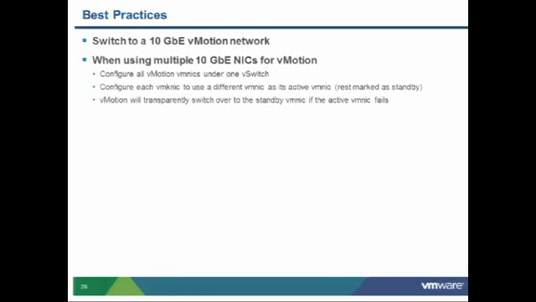And if you plan to use multiple NICs, we suggest you place all these multiple NICs under the same vSwitch. And for each of the vMotion VMkernel NICs, use a different vmnic as the active vmnic, and you can mark the rest of the vmnics as standby. Okay, so the idea is, let's say if one of the active vmnics fails, vMotion is going to transparently switch over to the standby vmnics.